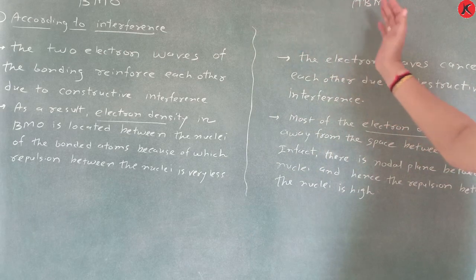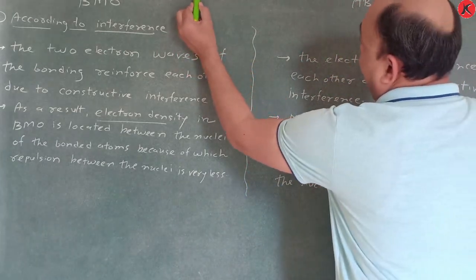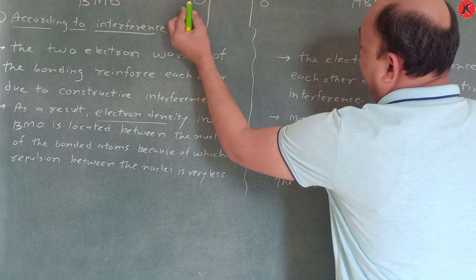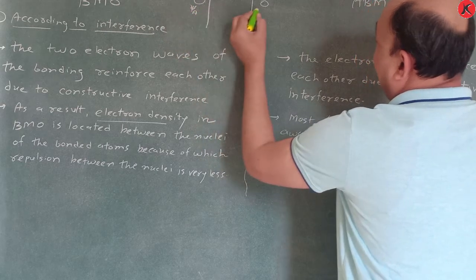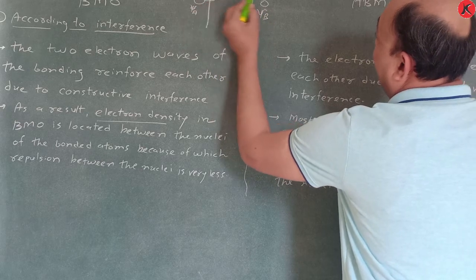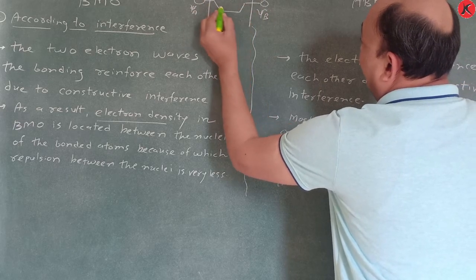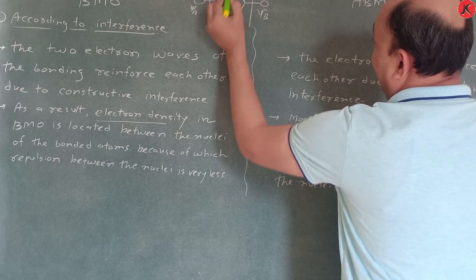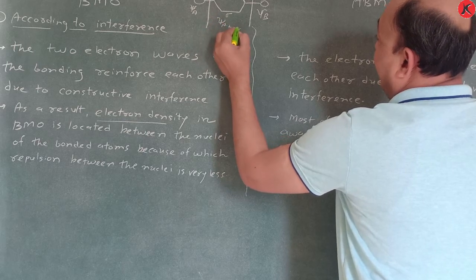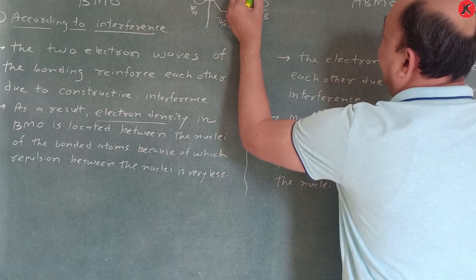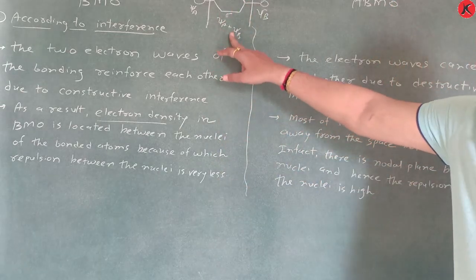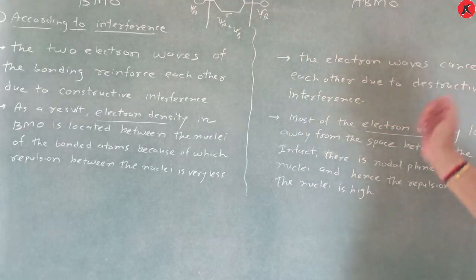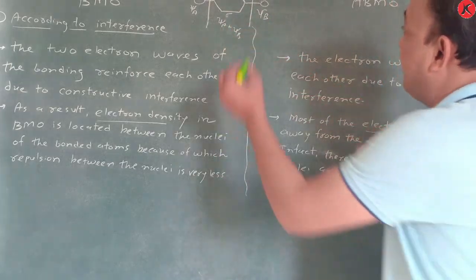Understand that BMO and ABMO are formed from one hydrogen atom here and another hydrogen atom here, and this is psi A and this is considered psi B. The lower energy is known as psi, and the higher energy is known as psi star. This is psi A plus psi B, and this is psi A minus psi B. Here constructive properties are shown, and here destructive properties are shown. Remember this one.